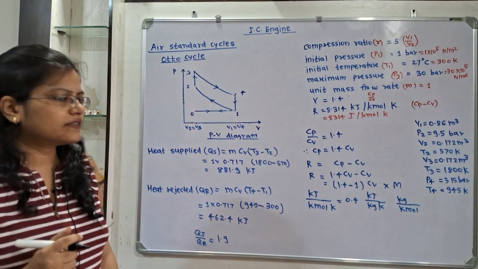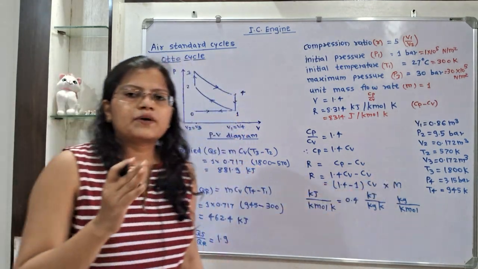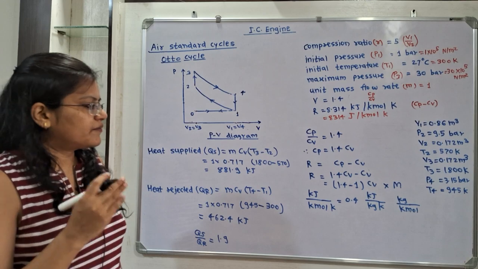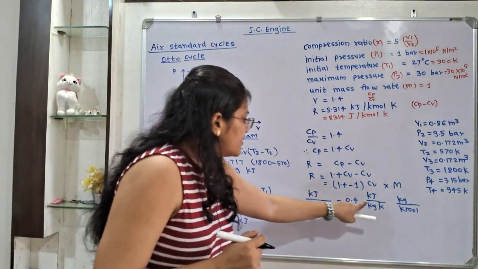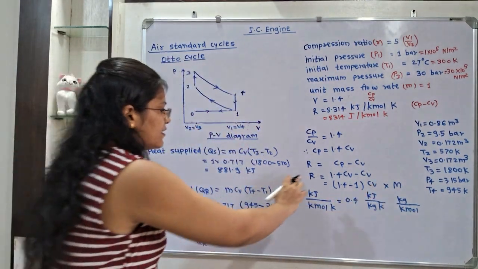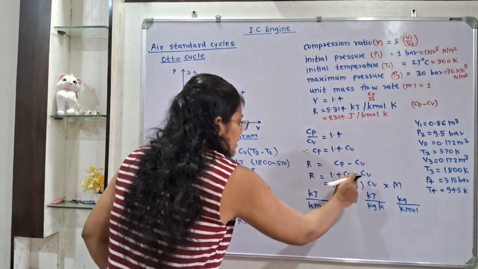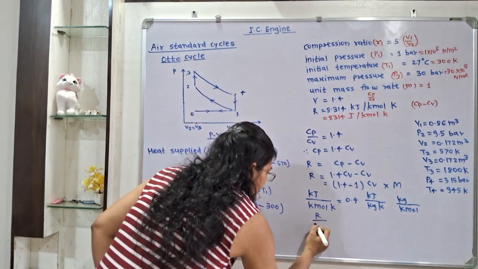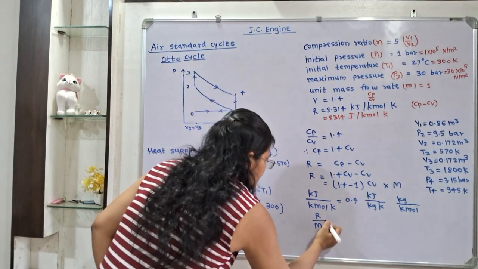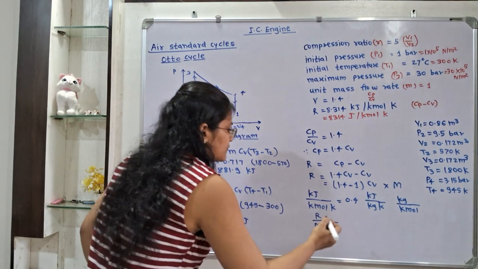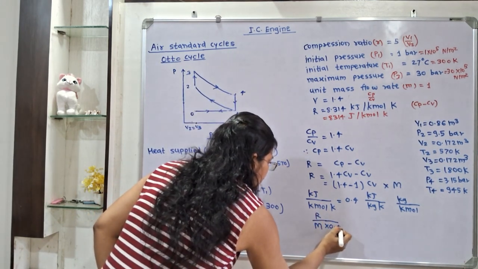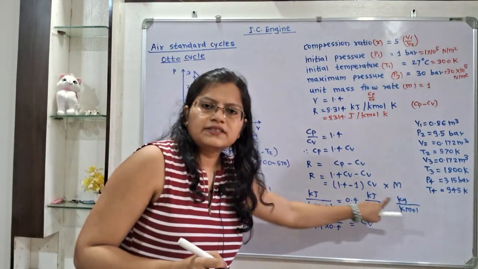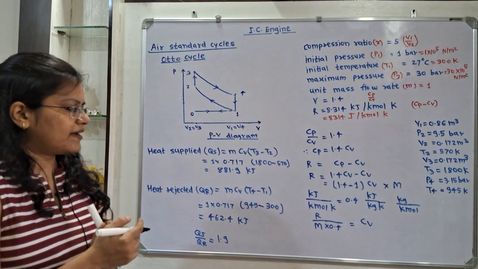Now we will balance this. So this capital M is the molecular weight, and for air its value is 29. So if I balance this, I will write here Cv is equal to R divided by capital M multiplied by (1.4 minus 1), that is 0.4. Now we will think about this unit. So we have to balance this.